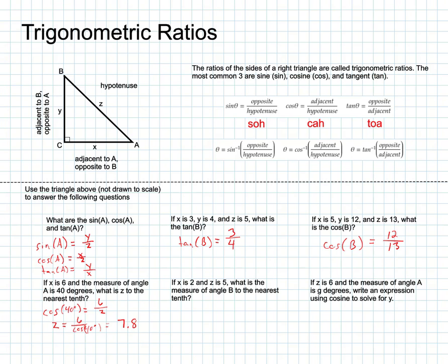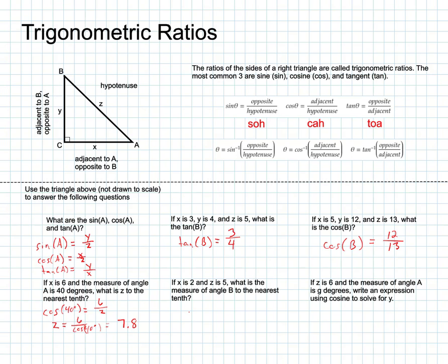If x is 2 and z is 5, what is the measure of angle B to the nearest tenth? So x is opposite to angle B, so we should use sine, because sine is opposite over hypotenuse.